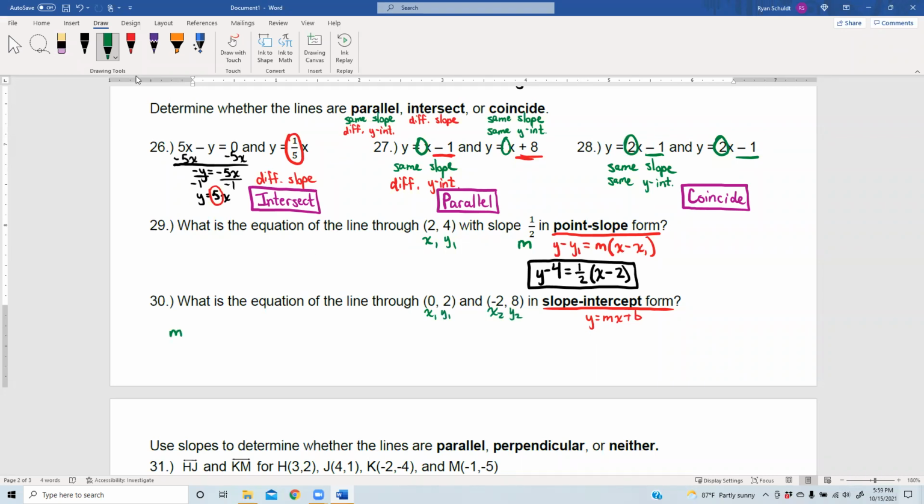So let's do our slope. It's going to be y2, so 8 minus y1. 8 minus 2 over -2 minus 0. It's going to be 6 over -2, which is -3. So my slope, and I can start doing my equation, y equals -3x. We got to stop. I got to figure out what b is.